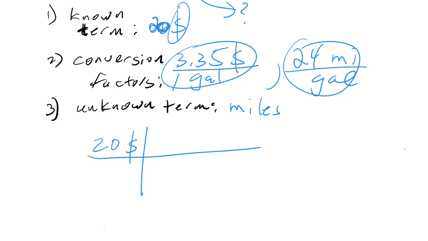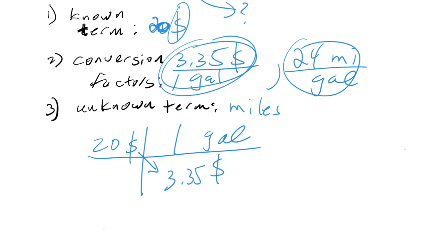And I have a conversion factor that isn't on the table, it's in the problem. So bring down dollars to gallons. So 1 gallon is $3.35. That's the conversion factor. I just had to flip it around because I had to bring dollars down so it cancels out.